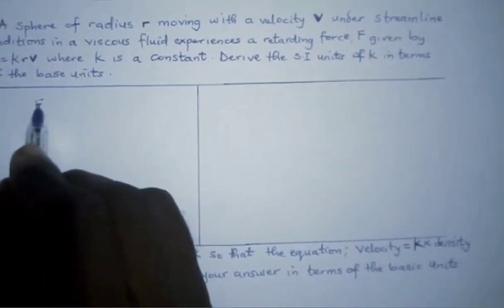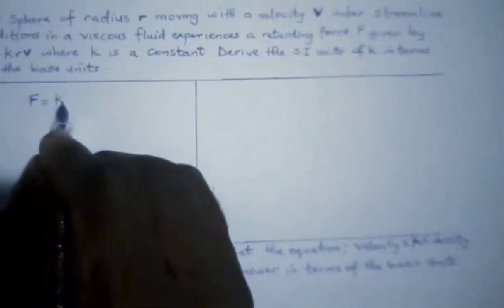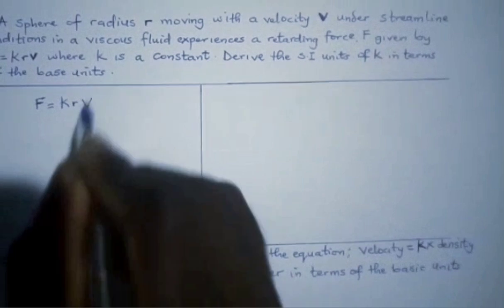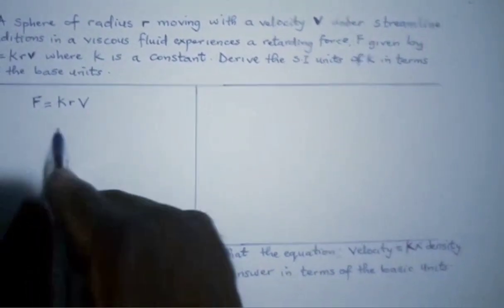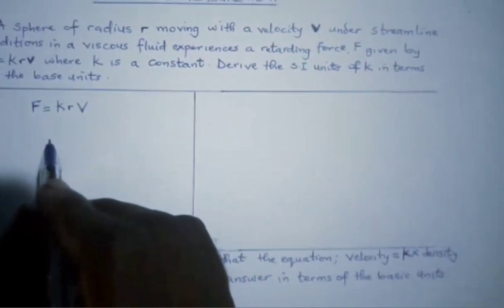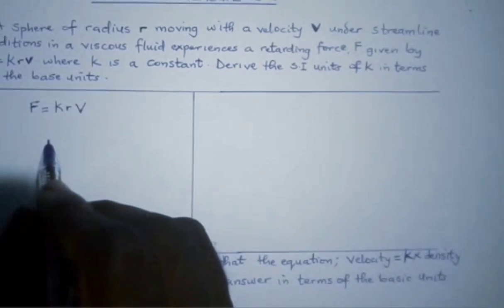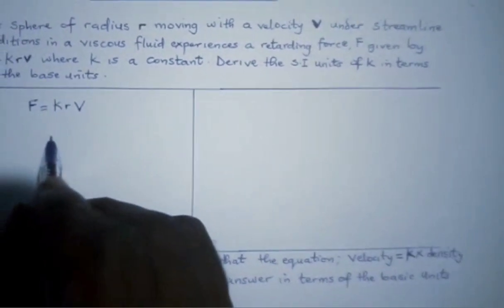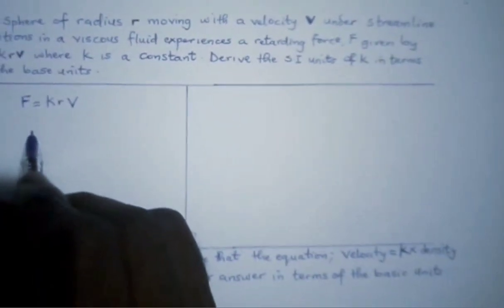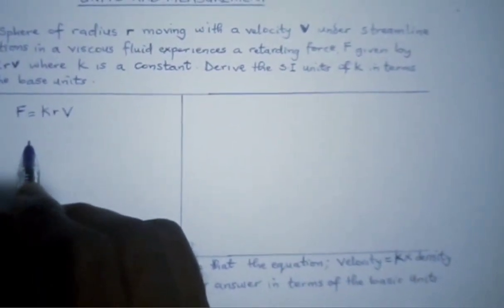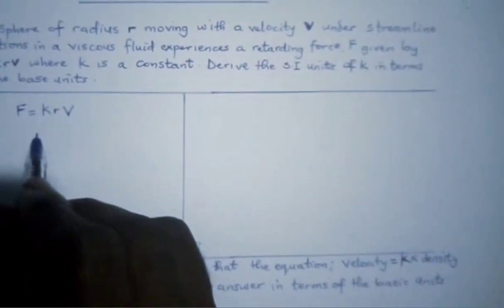Then the next thing to do, since we were to derive the SI unit of K in terms of the base unit, is to make K the subject of the formula. And how do you do that? You divide both sides by the coefficient of K.